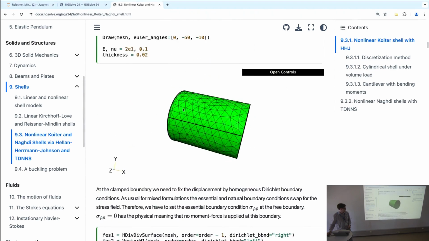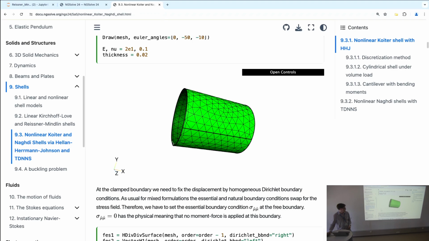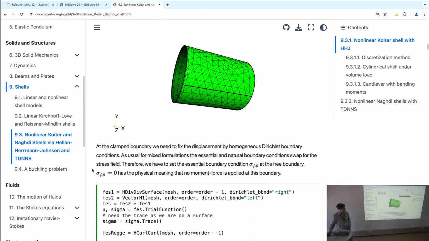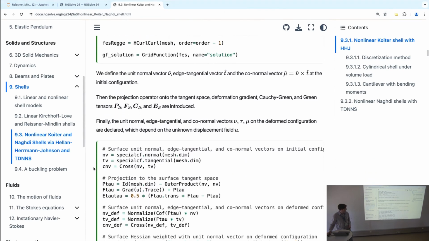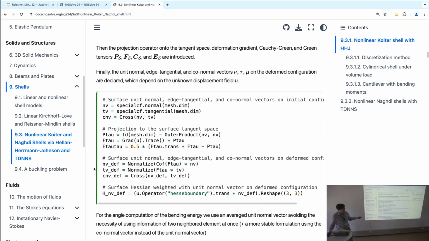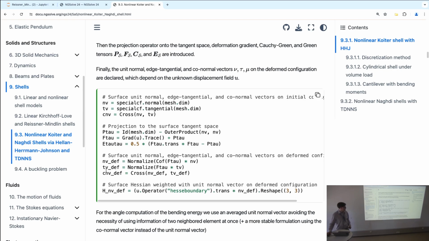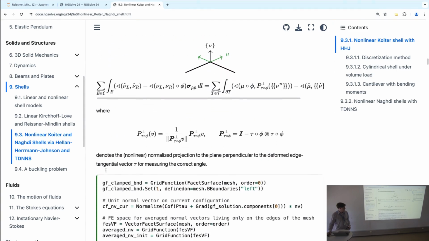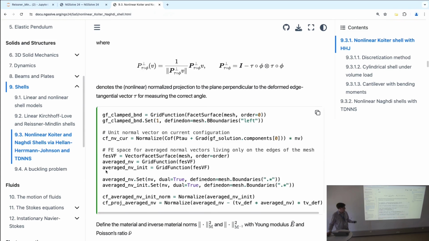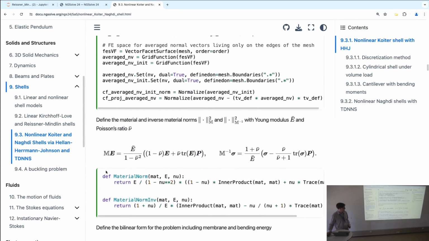But here I use a cylinder and I clamp it, and I also use HP refinement, so we can also compare unstructured triangular meshes with quadrilaterals. And I define my normal vectors, the membrane Cauchy-Green strain tensor, and I also need to know how the deformed normals change to measure the deformed curvature. And I don't think I go into the details, so I tried to have everything here if you go over it.